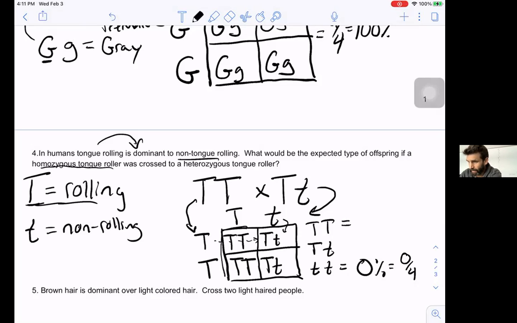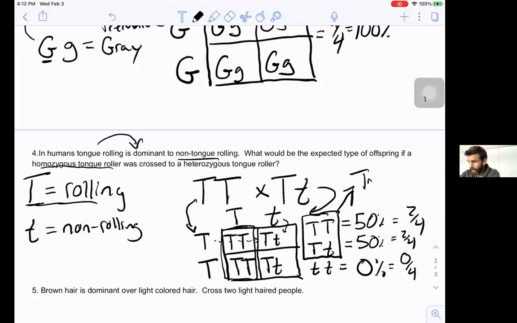And we see 50% of the offspring, 2 out of 4, are going to be homozygous dominant, and 2 out of 4 are going to be heterozygous. But remember, both of these here will be tongue rollers. All right.